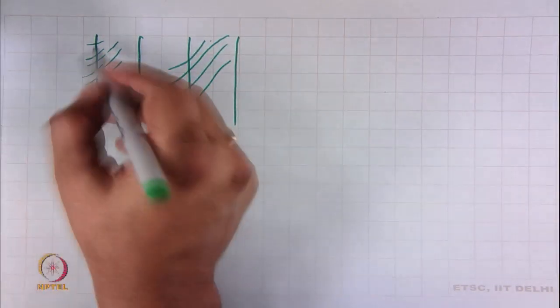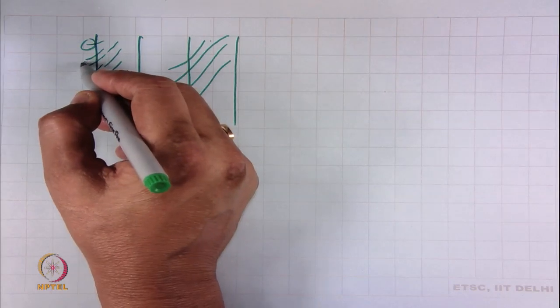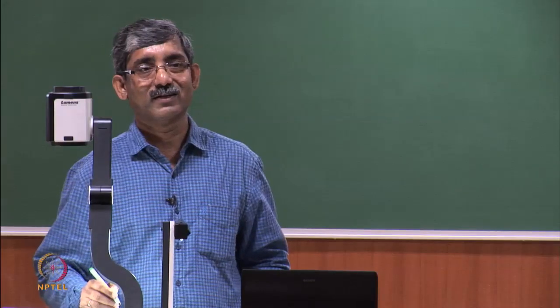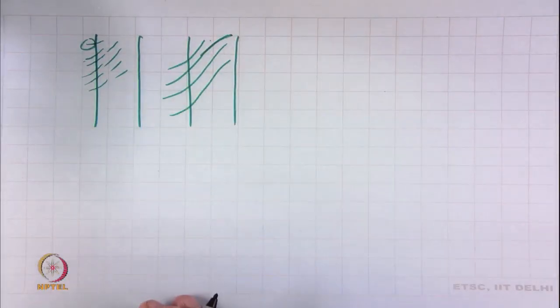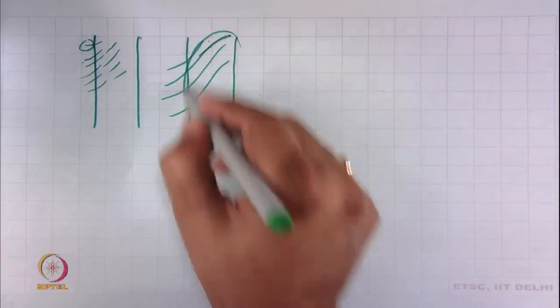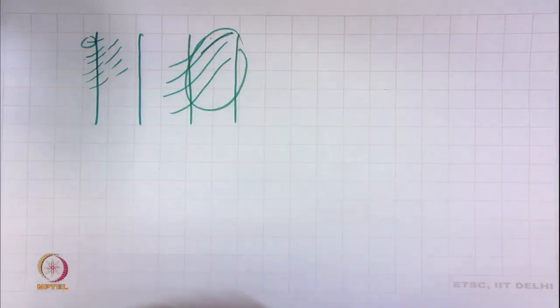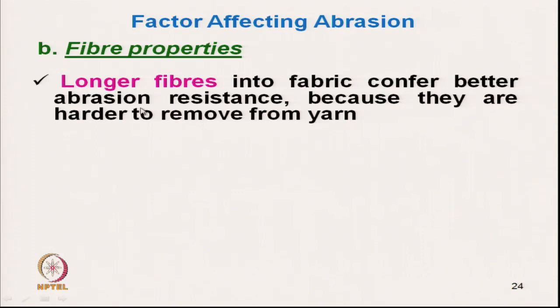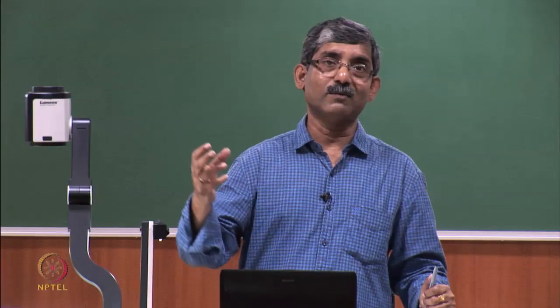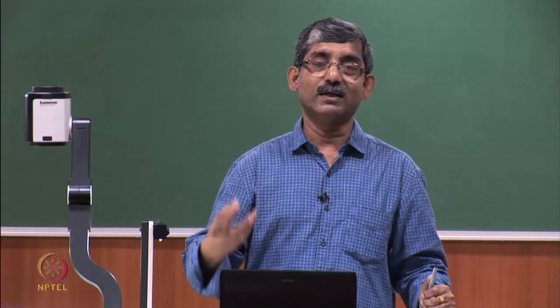So, the small fiber during abrasion will have a tendency to come out from the structure, and the long fiber will remain in the structure, and the yarn will be intact, because the fibers are not coming out. So, with longer fiber in the fabric, better abrasion resistance is there, because they are harder to remove from the structure. So, it will not come out. Once the fiber starts coming out, that means the yarn will fail.